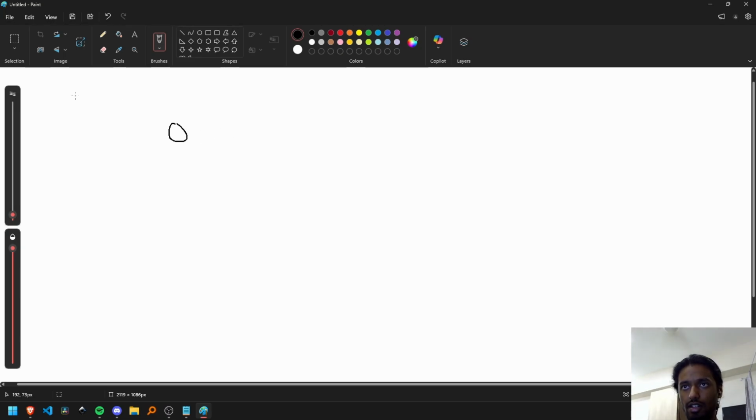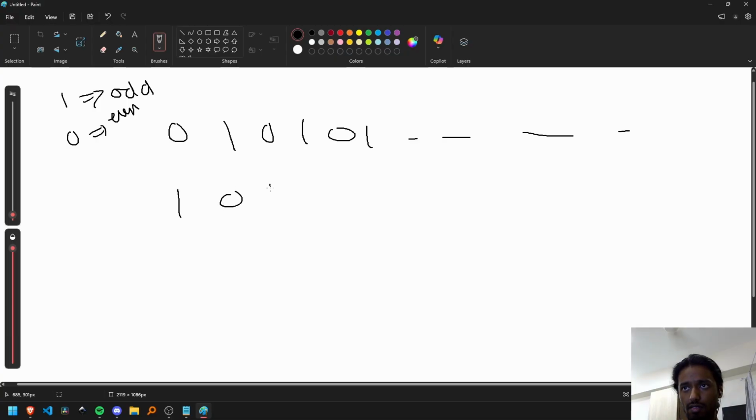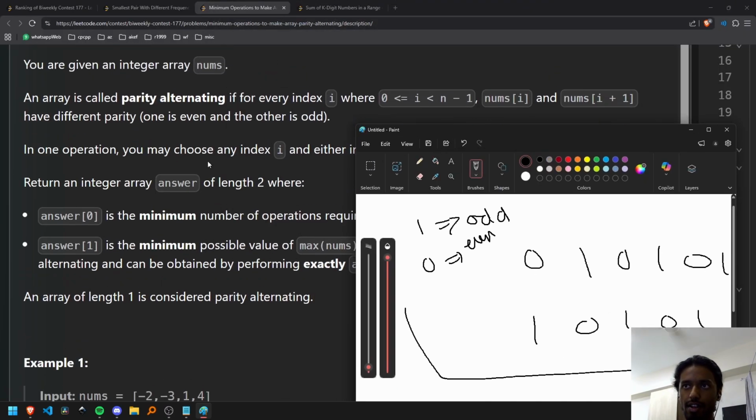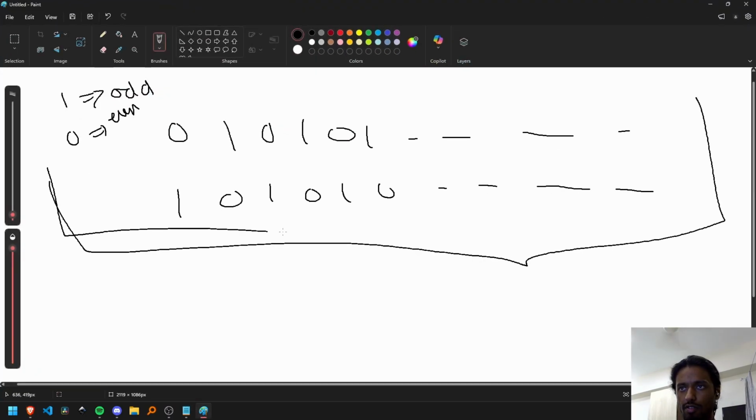Either 0 1 0 1 0 1 and so on, with 1 being odd and 0 being even, or the other arrangement is 1 0 1 0 1 0 and so on. There are no other arrangements possible. If you're starting from 0, then the next element has to be 1, since the problem states it has to be alternating, right? So yeah, this was my first idea.